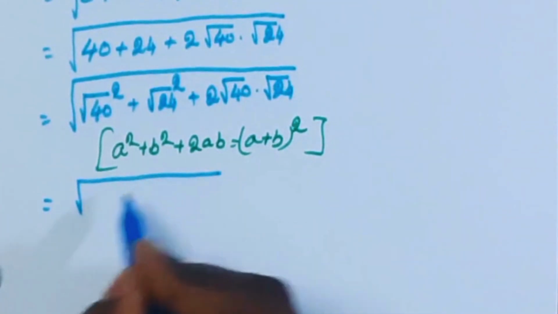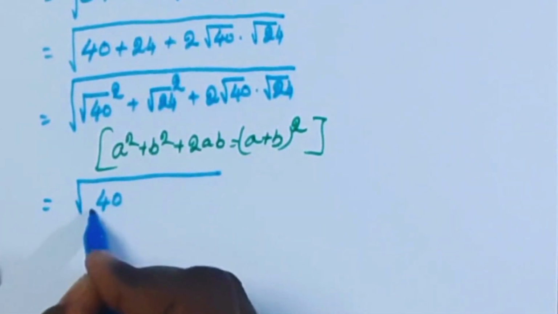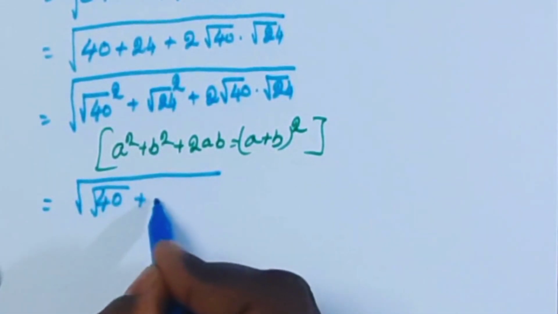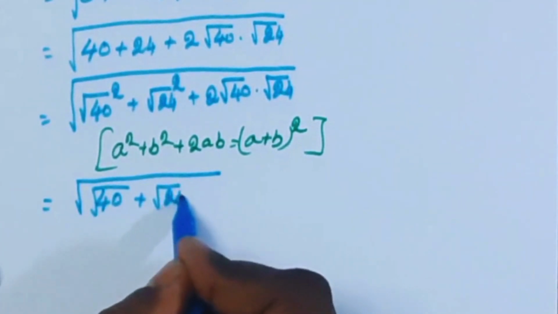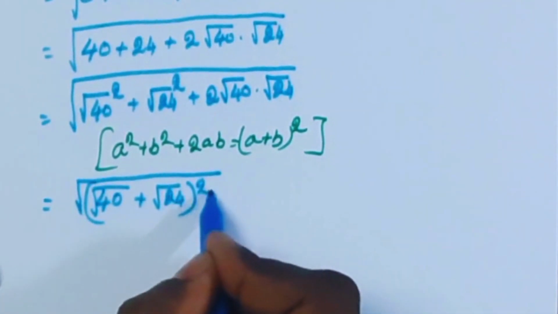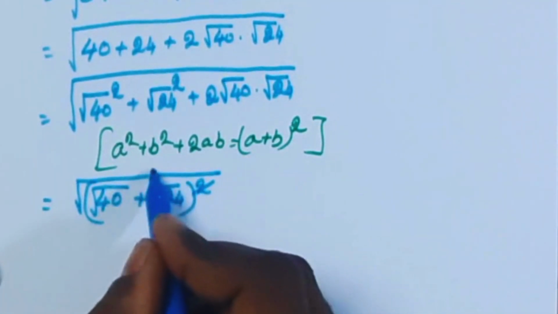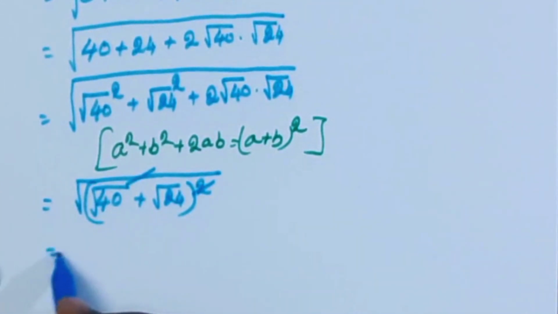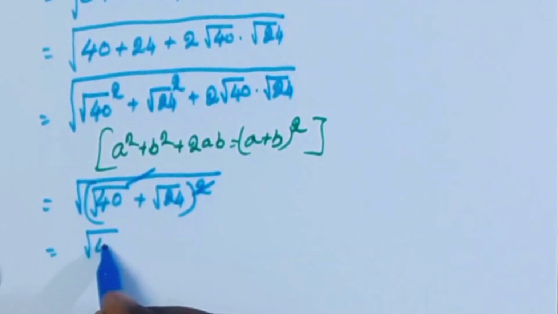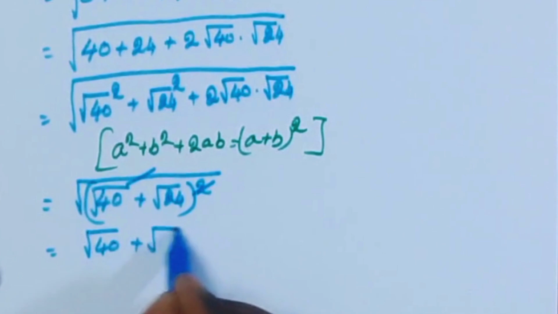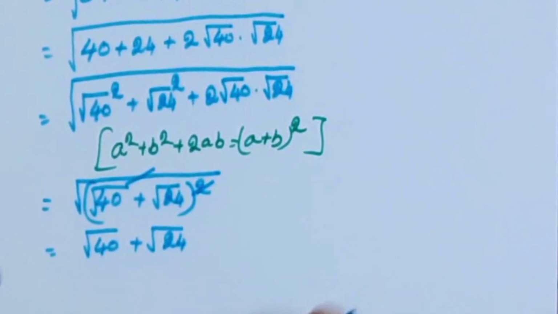So we'll get square root of square root of 40 plus square root of 24, whole square. Now this square and square root will cancel each other. Now we have square root of 40 plus square root of 24.